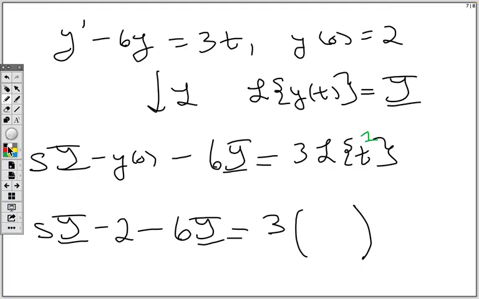Yep. So it'd be 1 factorial, which is 1, over s to the 1 plus 1. That's s squared.